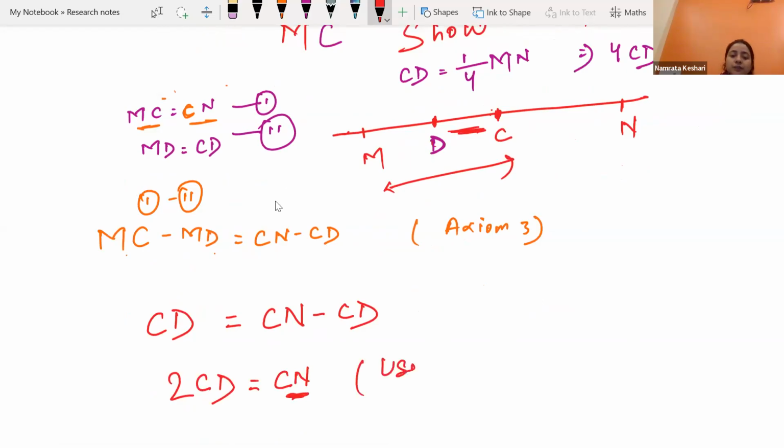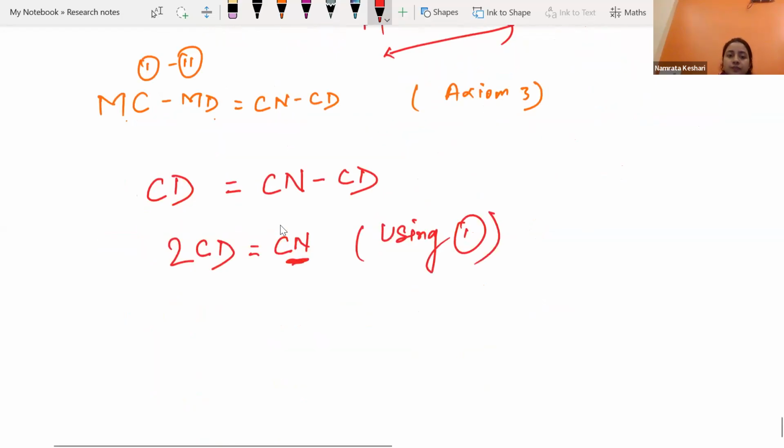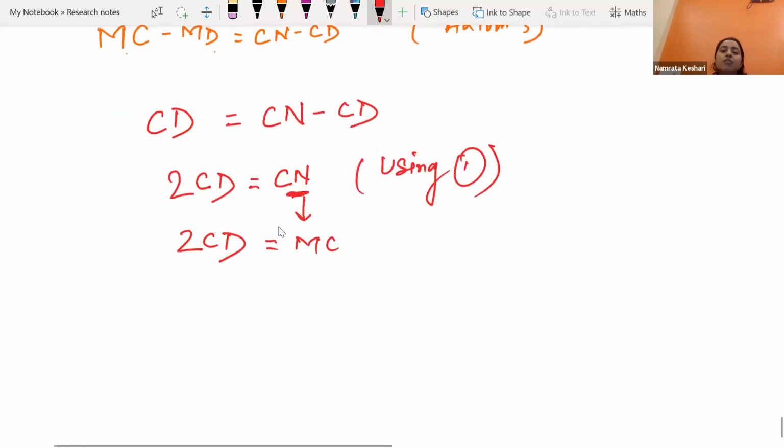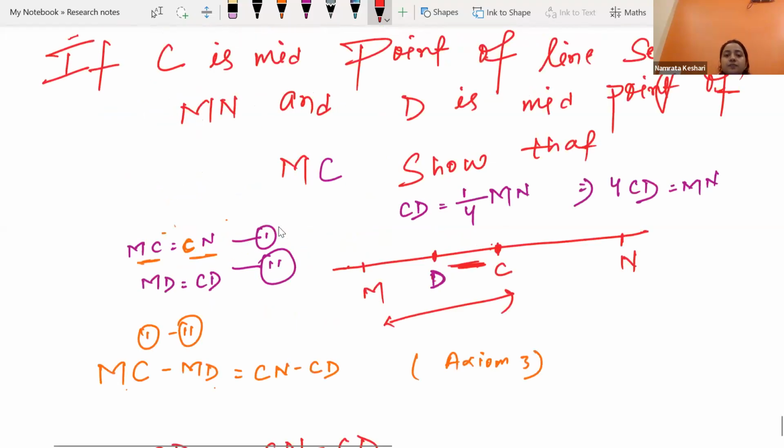Using 1, you can do the substitution that CN is MC. At the place of CN, I am just writing MC. Now we don't need this MC in our proof part. In our proof part, complete MN is there.